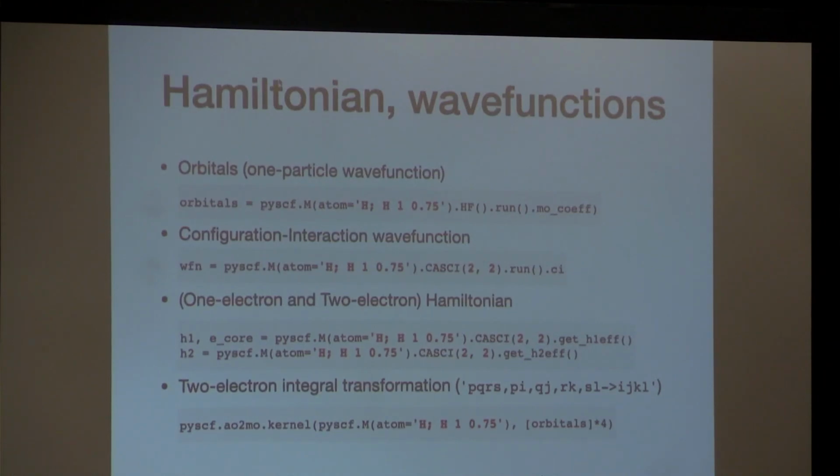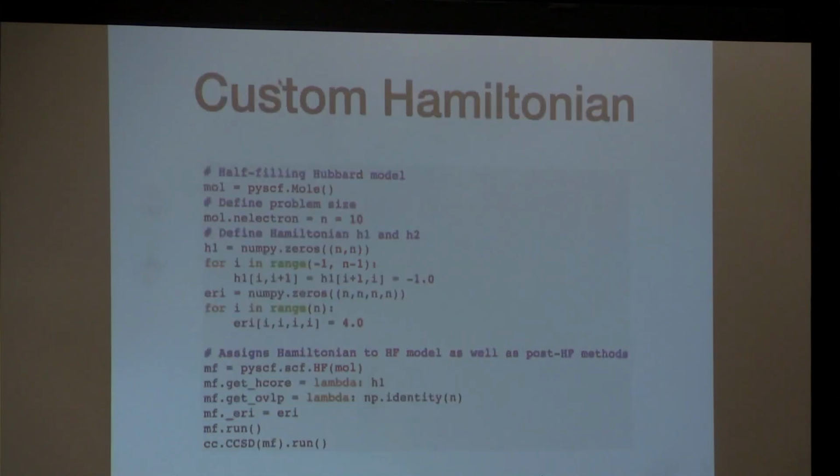The notation here is just like einsum notation. It involves a 4-index tensor and four orbital sets. PySCF also provides an API to give you this quantity. So basically, we are able to extract pretty useful fundamental quantities from PySCF.